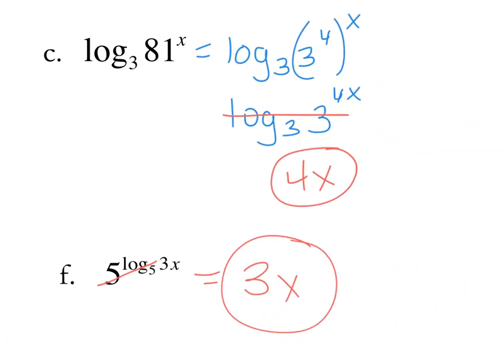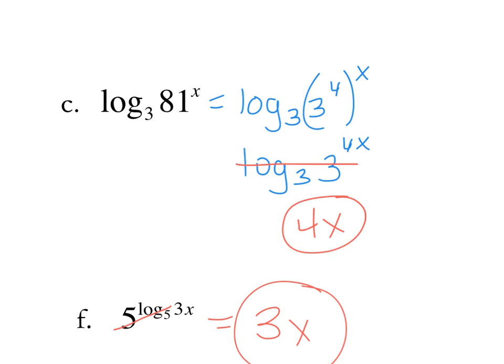Over here on part C, it looks similar to part D, but not quite. What's different here is that this base does not match this base here. But if we're clever about our numbers, we know that 81 is a power of 3. Specifically, we know that 81 is 3 to the 4th power.